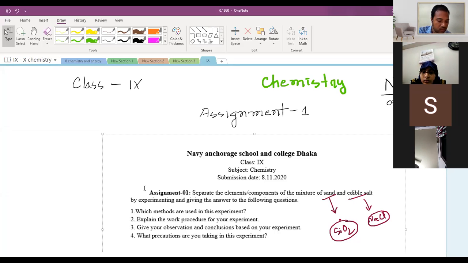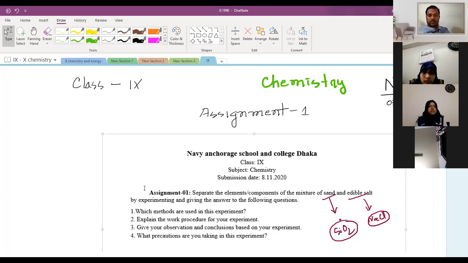Just use two towel tissues at a time. Now see, this is the dust, which is separated in the filter paper. Now dry it and separate the dust. The dust is already separated from the solution, and this is only water.